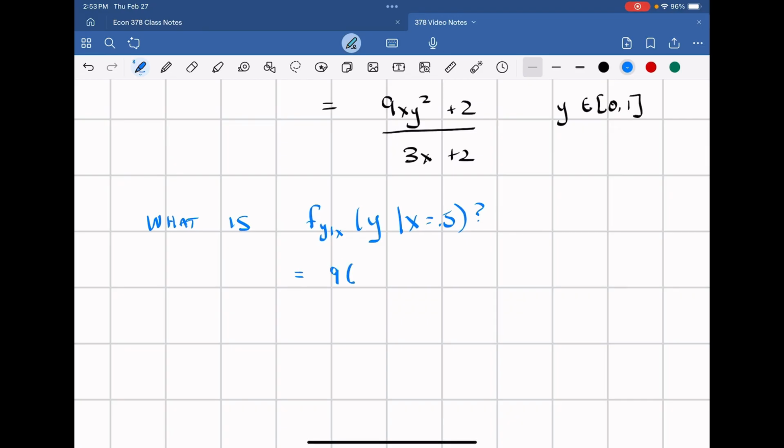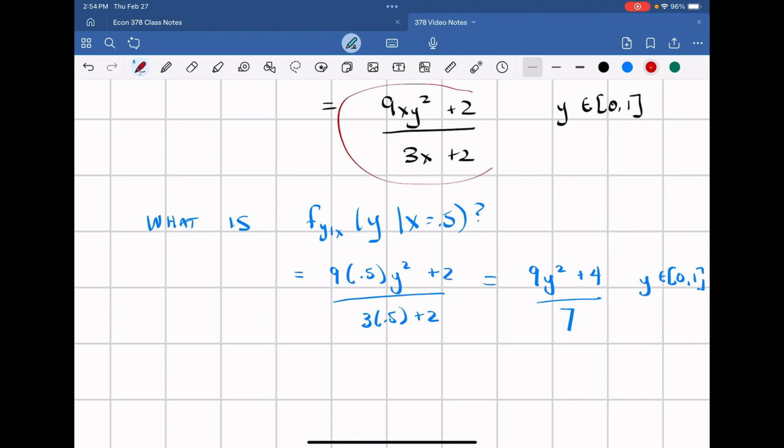So we'll have (9 times 0.5 y squared plus 2) over (3 times 0.5 plus 2). We simplify this, and it will be (9y squared plus 4) all over 7, for when y is between 0 and 1. So we can plug in a value of x, or leave it as just a function of x, which is now a parameter.